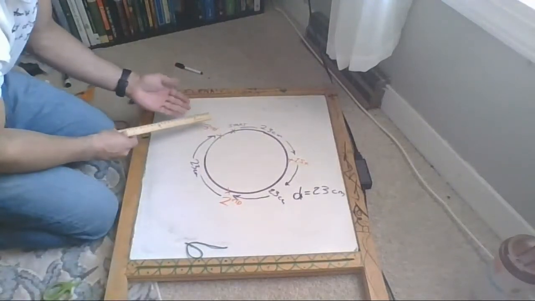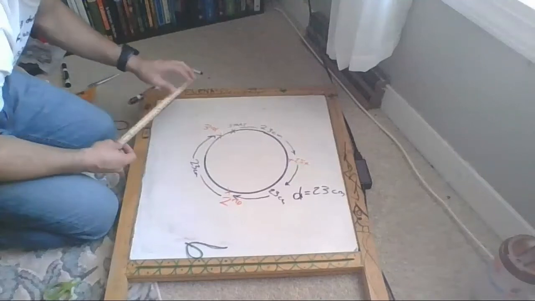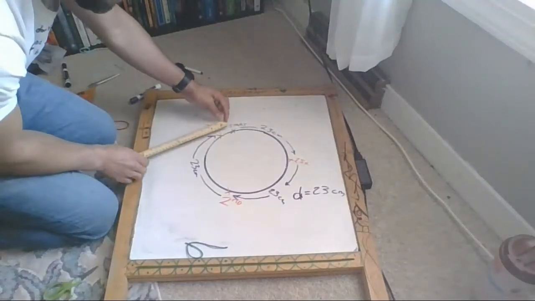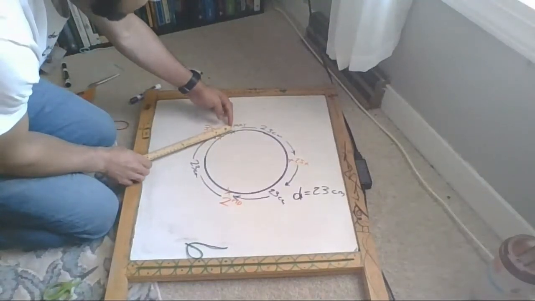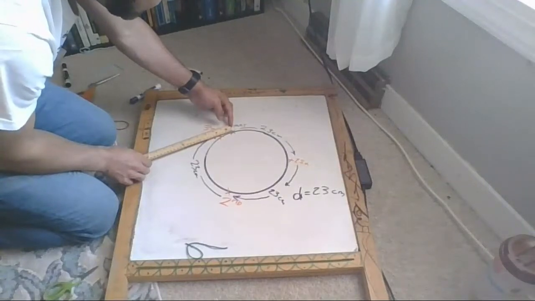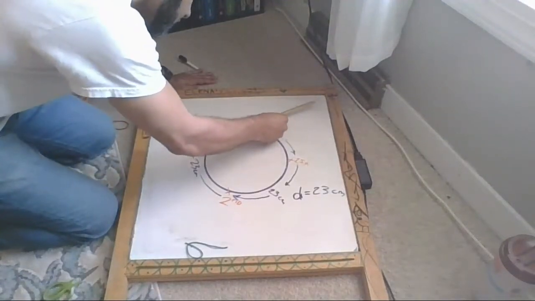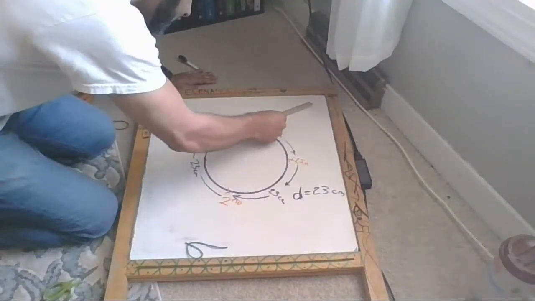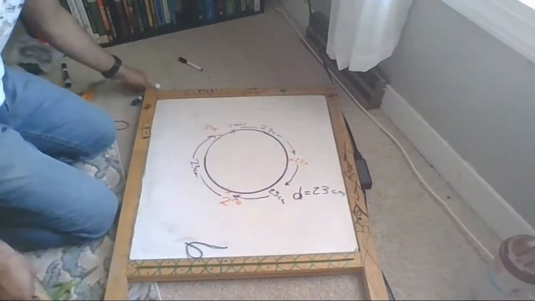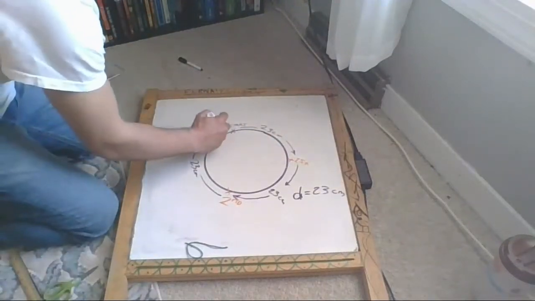Now this is a curved line, so it's not going to be a perfect straight line, of course, but this is an estimate that we're doing here. And what I measure it to be is 4 centimeters. Let me double check that. Yeah. All right, so from here to here, I got 4 centimeters.